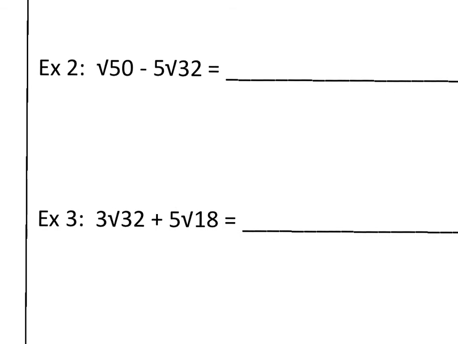Let's try this one. 50. 25 and 2. 25 breaks down to 5 and 5. I'm looking for groups of 2. Do I have any? Yes. What is it? 5 and then square root of 2.